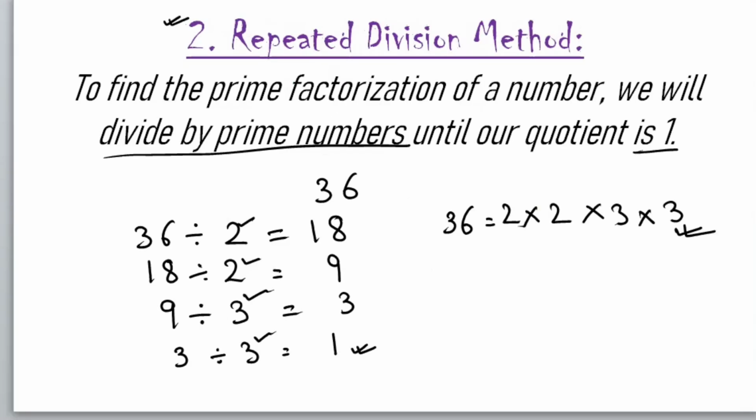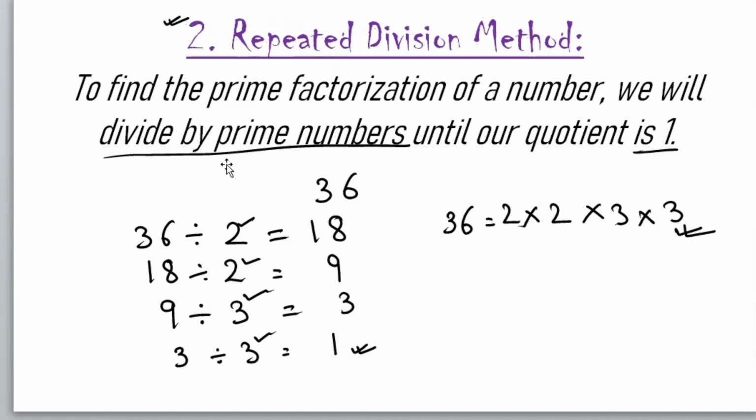Then we learned another method, that is the repeated division method. To find the prime factorization of a number using repeated division, we divide by prime numbers until we get our quotient 1. Once we get quotient 1, we stop there. So here is 36 and we always divide with prime numbers only.